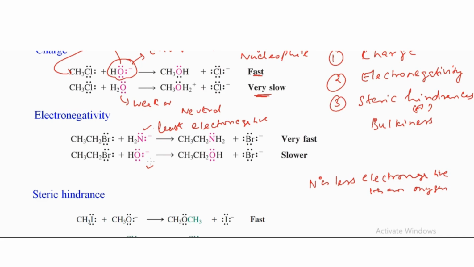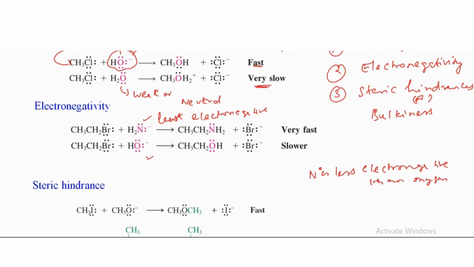So electronegativity plays an important role for electron-rich nucleophiles. Here both are electron rich, NH2 minus and OH minus.